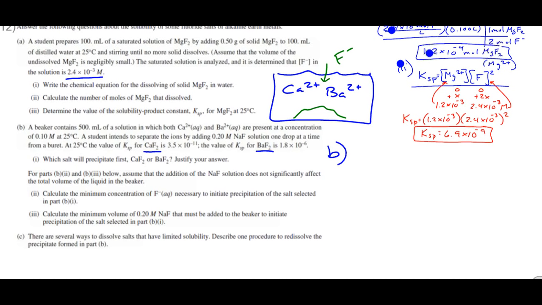Let me try to write this out once. That might make more sense to you. So it's saying that for the CaF2, the KSP looks like this, and then this would be the equation. Okay. For the BaF2, it looks like this.